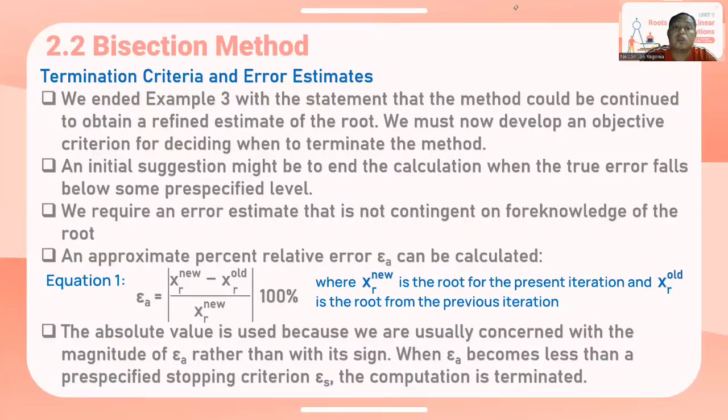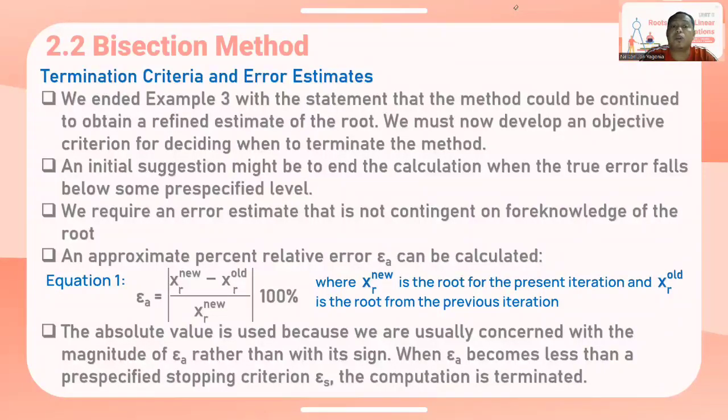An initial suggestion might be to end the calculation when the true error falls below some pre-specified level. We require an error estimate that is not contingent on foreknowledge of the root.